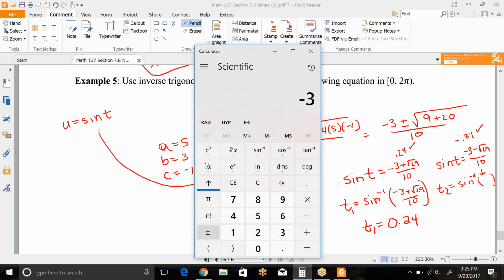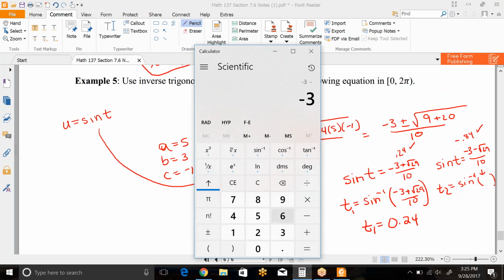So negative 3 minus the square root of 29 this time. Sorry, when I use this calculator, I have to remember that it is not as cool as a scientific calculator. You have to enter things very carefully.